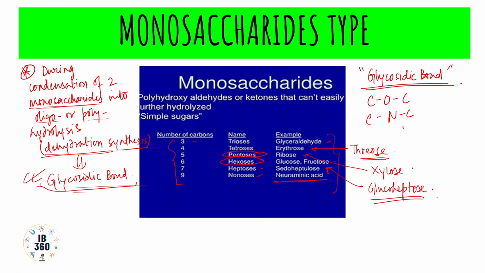So both of them exist in open chain as well as ring form. Now this ring form has got two types, pyranose and furanose.